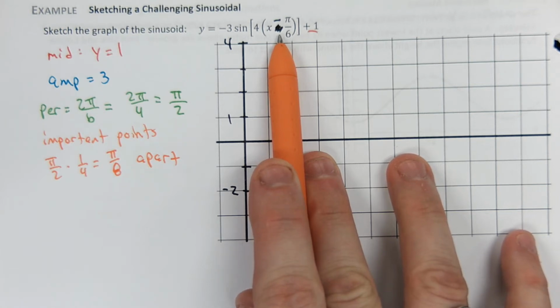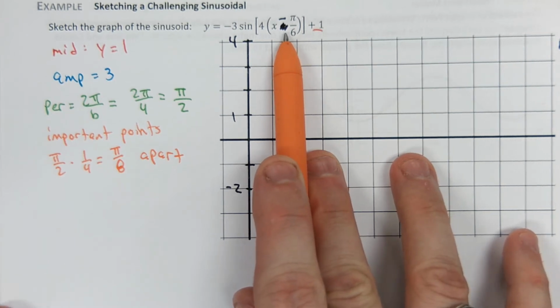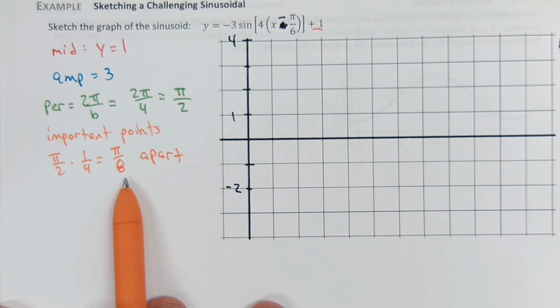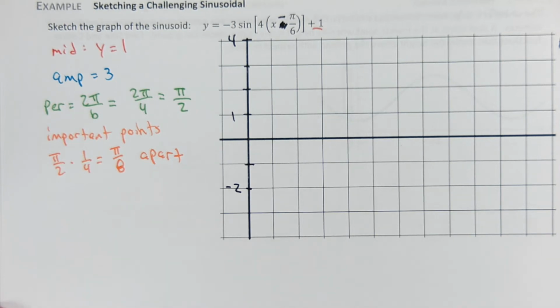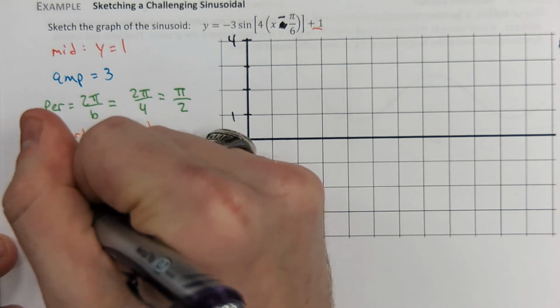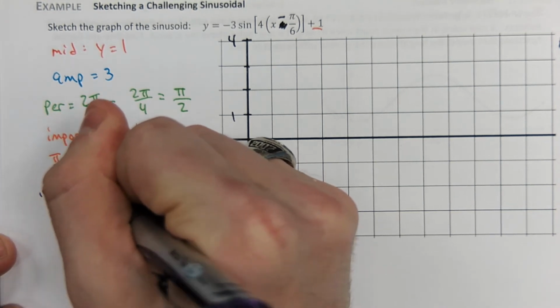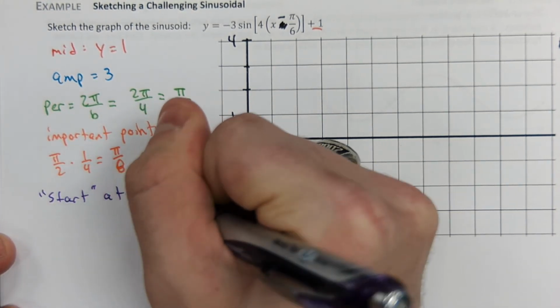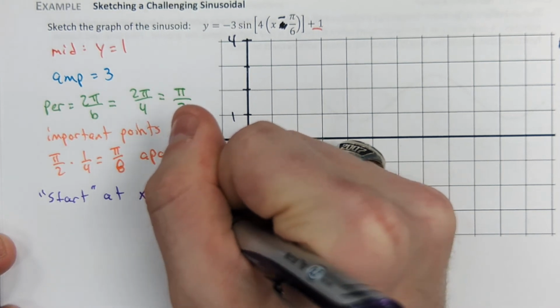Our period is going to begin at x equals pi over 6. And then the next piece of information will be pi over 8 away from that. Eek. So here's what we're going to do. We're going to quote unquote start at x equals pi over 6.